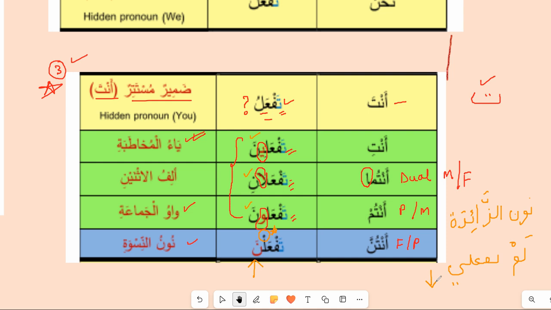Here the noon gets dropped. Whenever you attach a tool of jazm, the noon gets dropped. So it becomes taf'ali. Same way, lam taf'ala, the noon gets dropped. Lam taf'alu, the noon gets dropped.